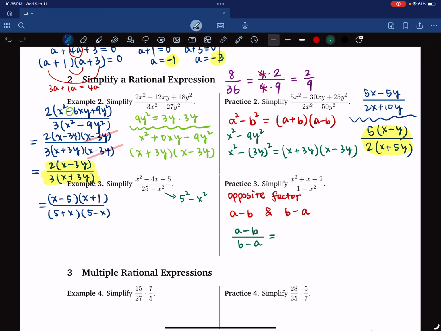Let's verify this. On the top, it's a minus b. What is b minus a, right? For b minus a, I can first rewrite these two terms. I could do negative a plus b, because subtraction is simply addition of opposite numbers. So it's the same thing as addition. And then for the denominator, I'm going to take out a common factor.